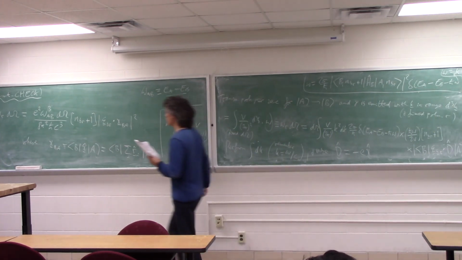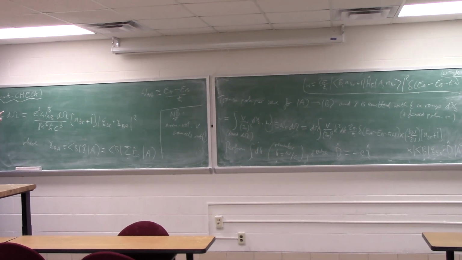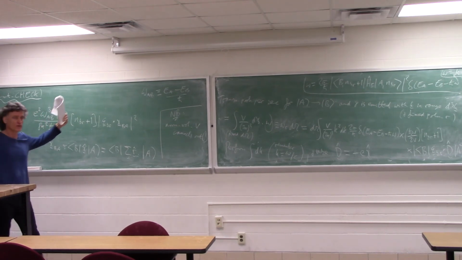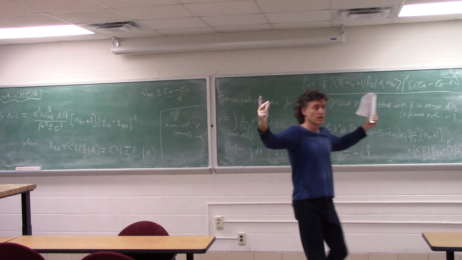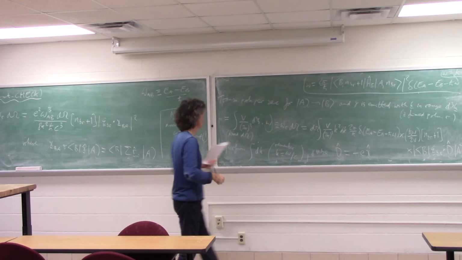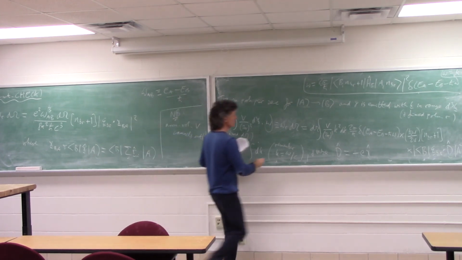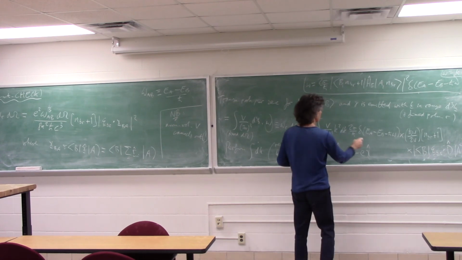Remember, this is the probability per second for the atom to emit a photon into a little solid angle element d omega. This is something you could measure. It shouldn't depend on that large but arbitrary volume V that we were using to make our system discrete. So there's a V here at the bottom, there's a V here at the top, they cancel out.